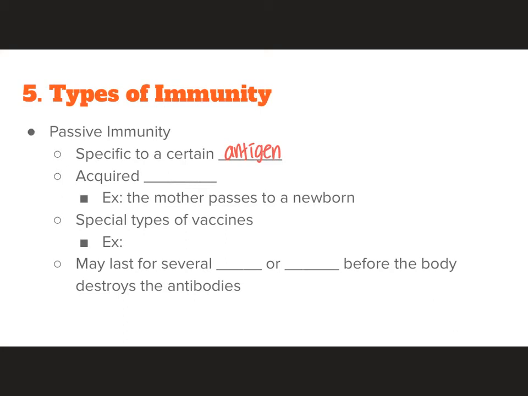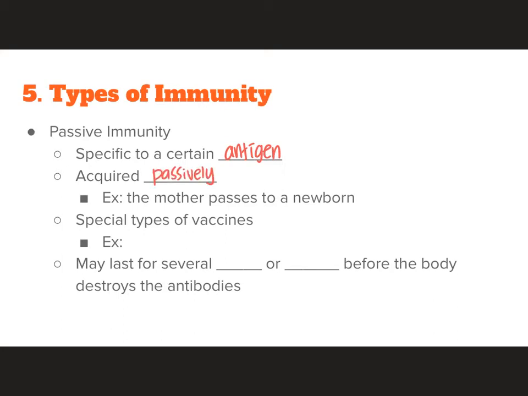Now, some of us may not be able to identify some of the illnesses because they're just not common. But once you get it, it can be very deadly. So, oftentimes, if it's acquired passively, you may have these certain antigens from your mom if you're a baby.